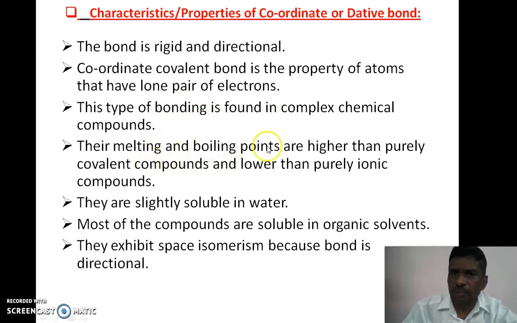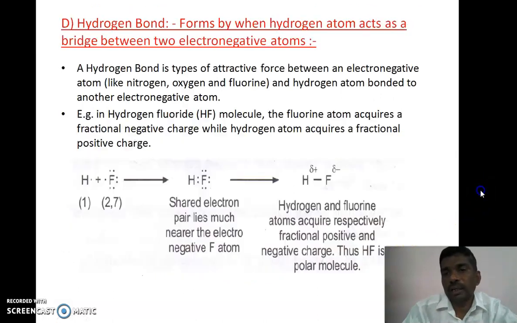Their melting and boiling points are higher than purely covalent compounds and lower than purely ionic compounds. They are slightly soluble in water, and most are soluble in organic solvents. They exhibit space isomers because the bond is directional.